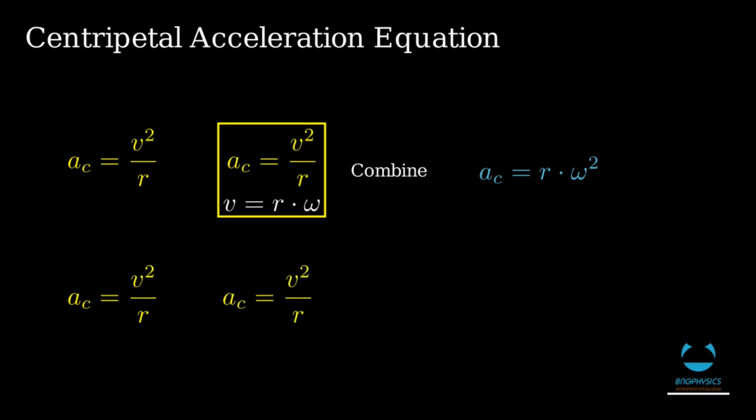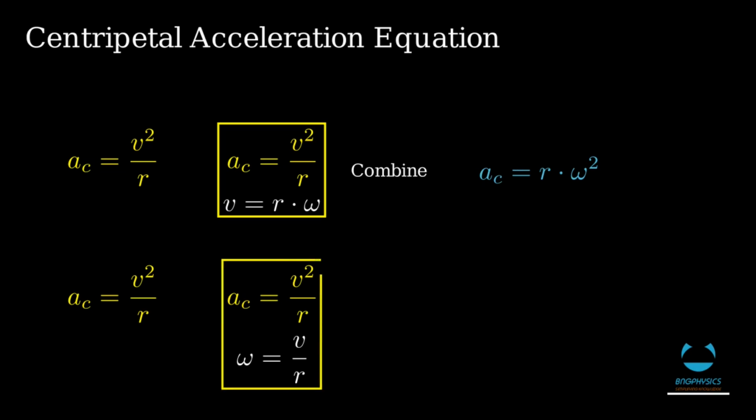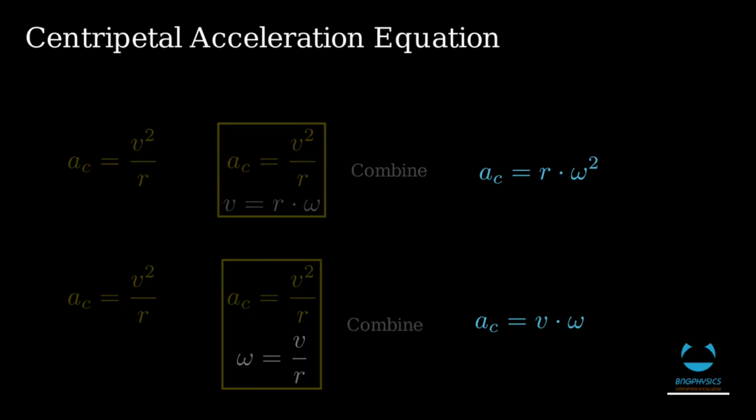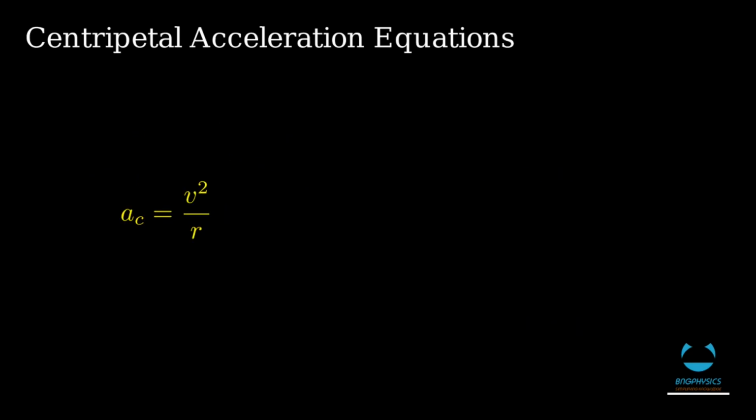Omega here is the angular velocity. Or we can also rearrange the linear velocity equation again and combine it with the centripetal acceleration equation one more time to give us the third equation, which is a equals v multiplied by omega. Or acceleration equals linear velocity multiplied by angular velocity.